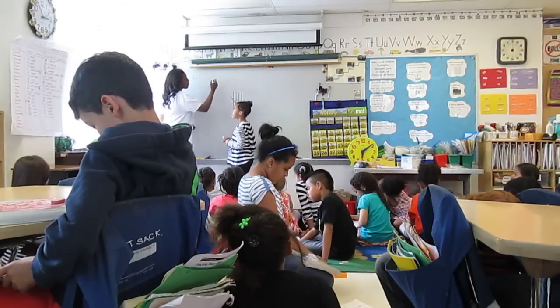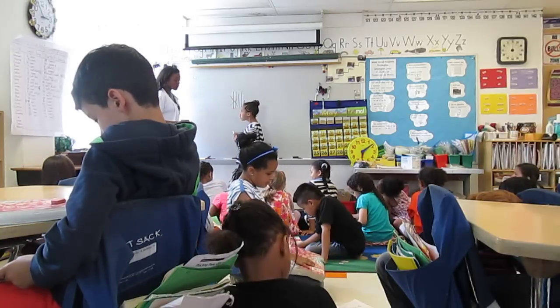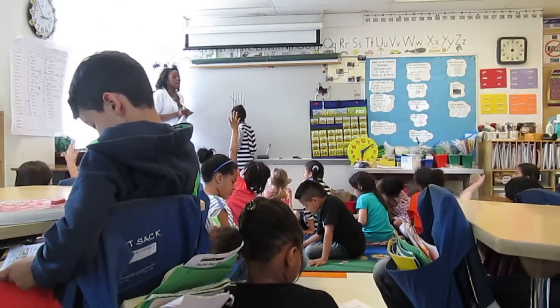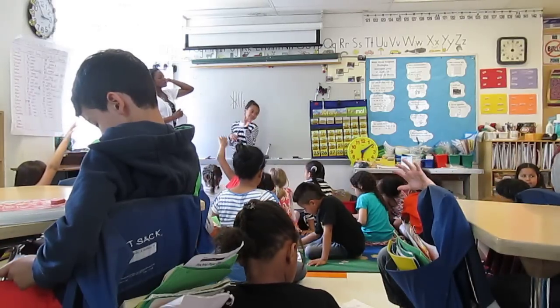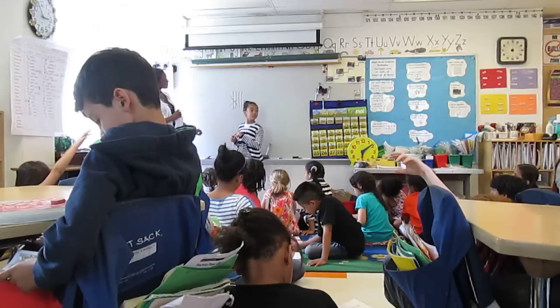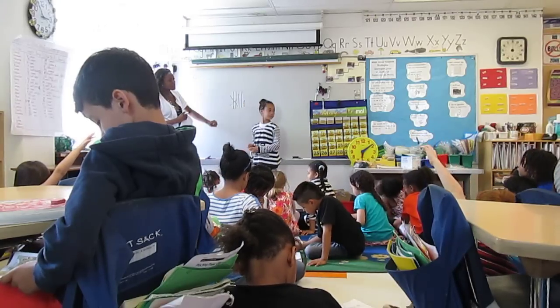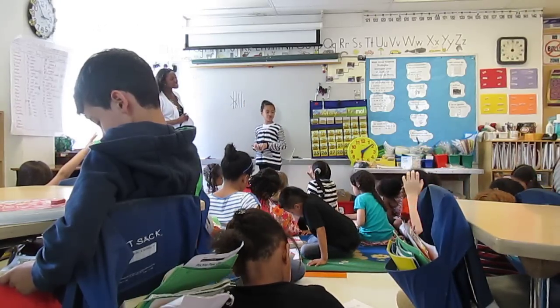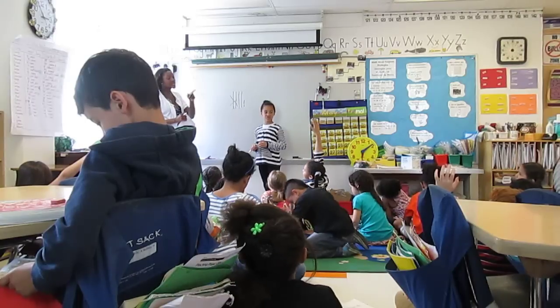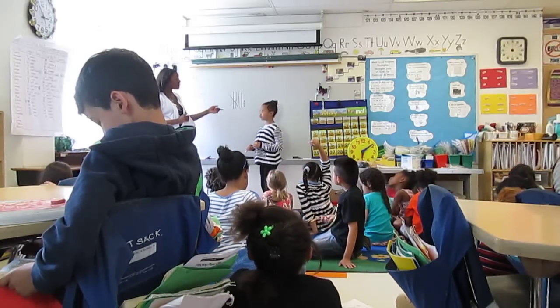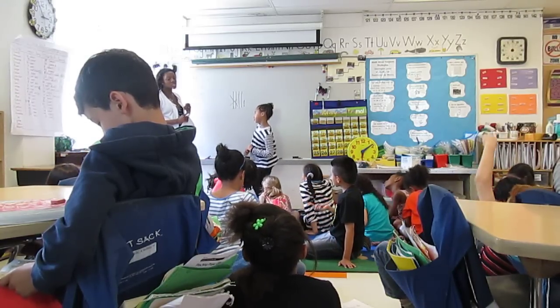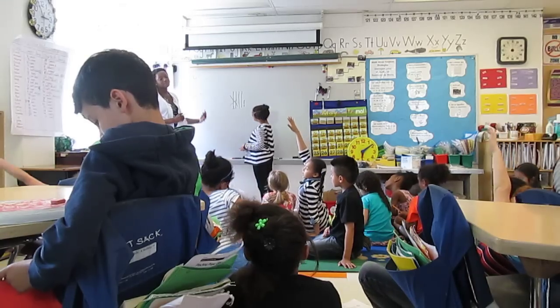Good job. And now, are we finished? No. What else do we need to do, Alan? She subtracted the 20. Now how many stickers do we have? 25, right? And are we finished? No. So what does she need to do next, Malaya?